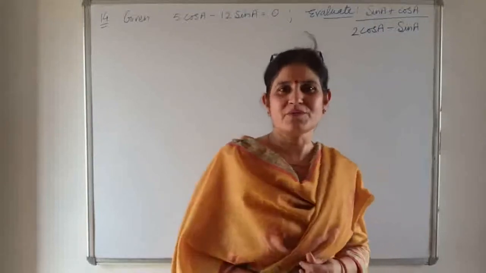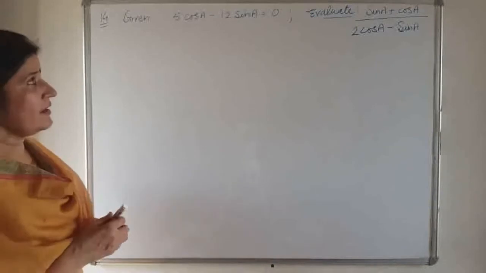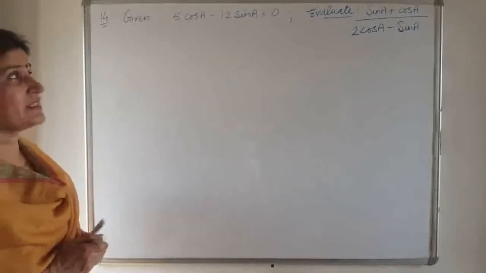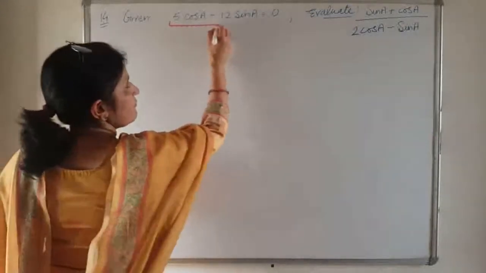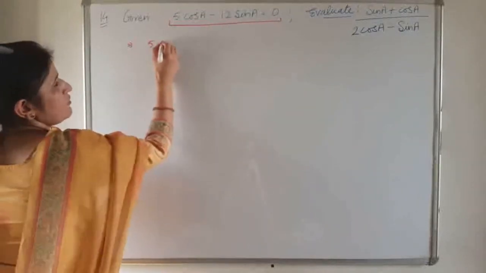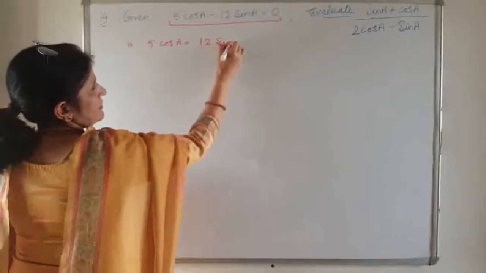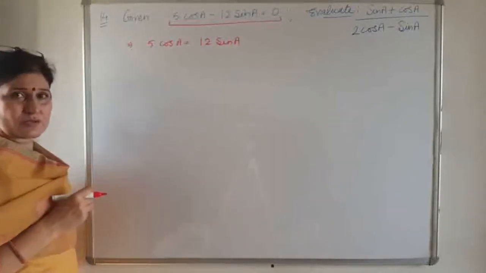Now, question number 14. In this question, 5 cos A minus 12 sin A is given as 0. So, we will take this term first. 5 cos A will be equal to 12 sin A, like this, no?